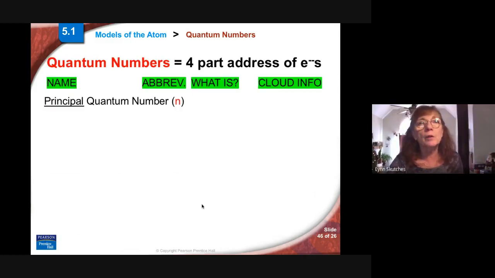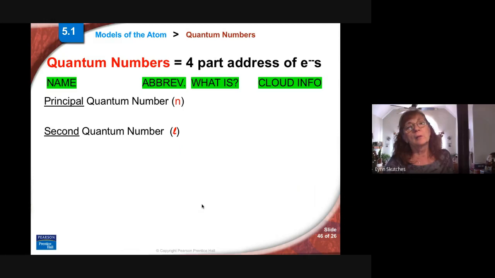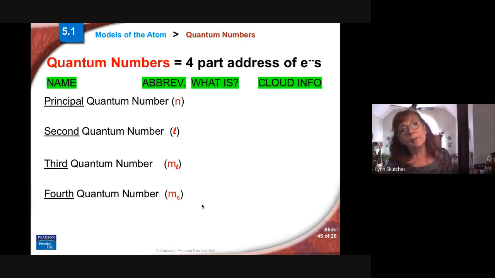Ready? The first one is called the principal quantum number. It's abbreviated with a little n. The second quantum number is abbreviated L. The third quantum number is M sub L. The fourth quantum number, M sub S. What are they?